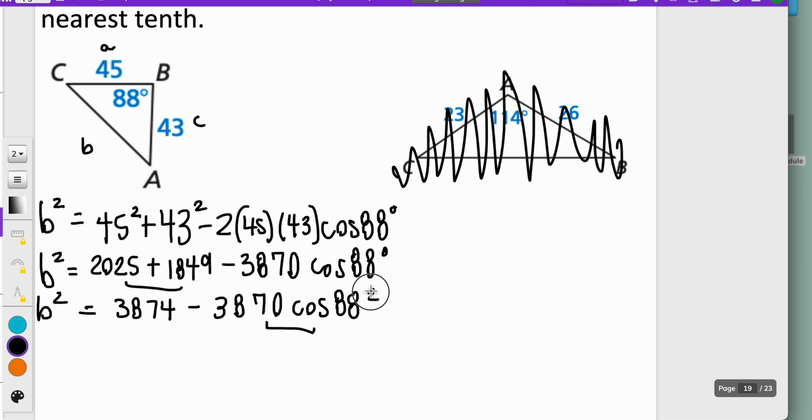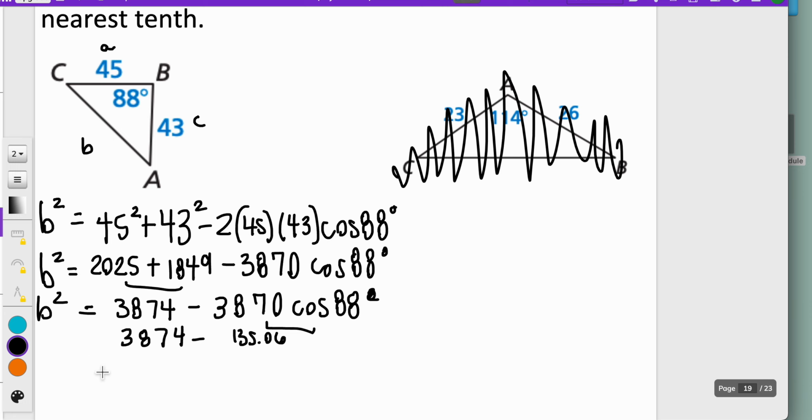So we're going to multiply cosine of 88 with 3,870 and then subtract that number from 3,874. I'm going to take the cosine of 88 times 3,870, and I'm going to get 135.06, and then subtract that from the 3,874.